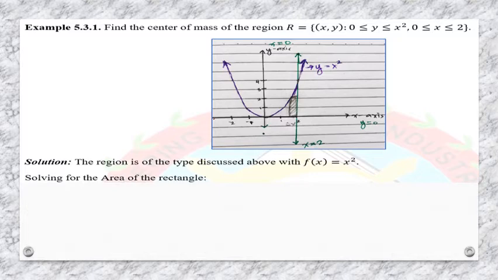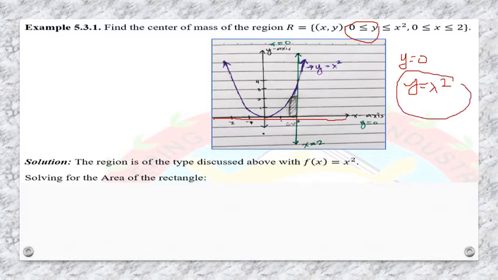This is the graph of the line y equals 0. Ito siya. Kasi di ba ito pwede yung masulat as y equals 0 and y equals x squared. Okay. And then, si y equals x squared class, ang graph nito is a parabola opening upward. So, ito yung graph ni y equals x squared.